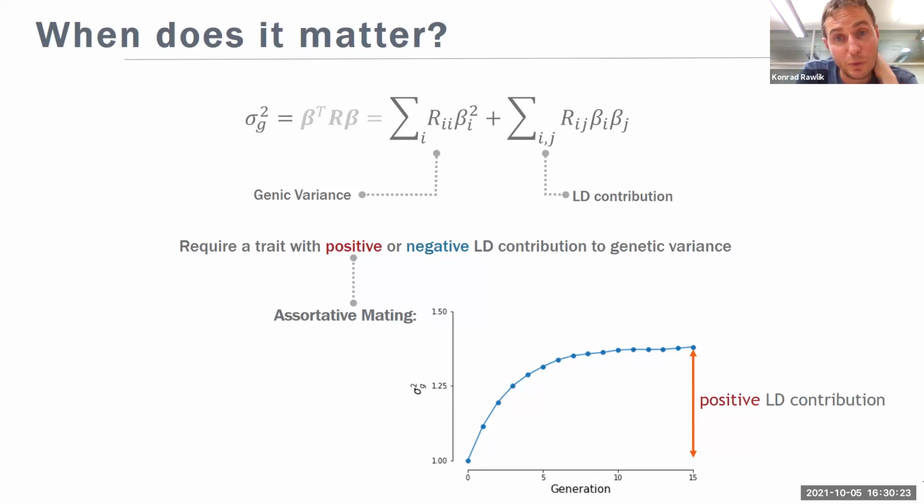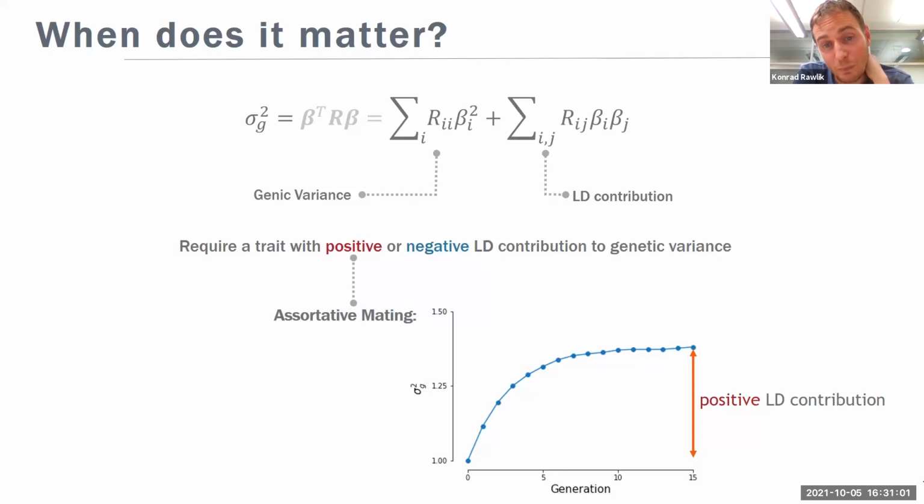This term can be either positive or negative, depending on how the LD and the individual SNP effects line up. And the question is whether that is something that we would expect to arise in natural conditions. Because if we expect the contribution to always be zero, then obviously this doesn't matter, because our standard G-REML only estimates the first part, so everything should be good. There's a very simple case where you would expect a positive contribution from LD, and that's assortative mating.